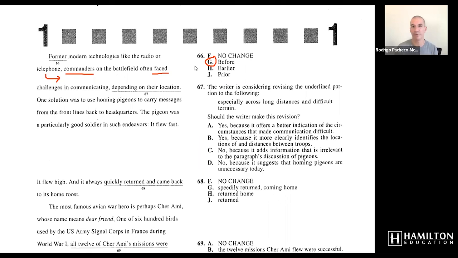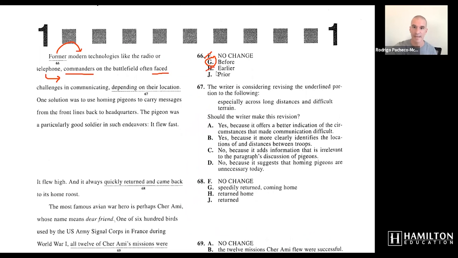The problem with the other answer choices is that instead of giving us a sense of a time before, they modify technologies directly. So former technologies, earlier technologies, but we don't really have a sense. That doesn't work because we don't have a sense of what these would be compared to. Same with earlier or prior.